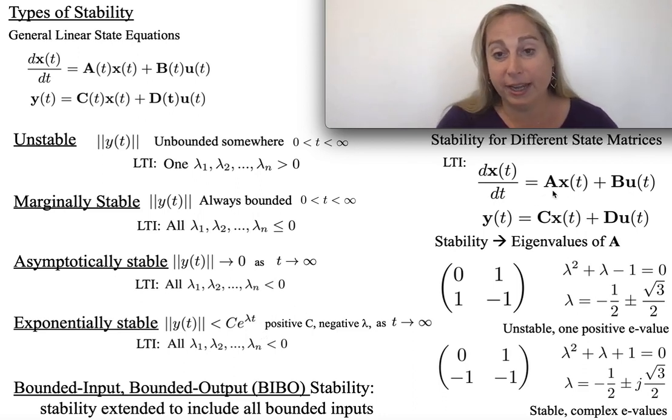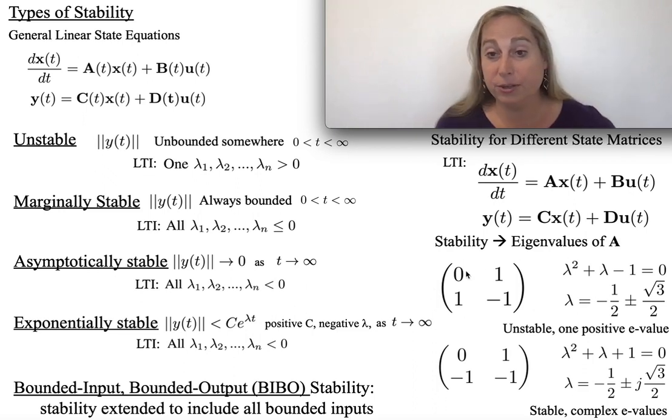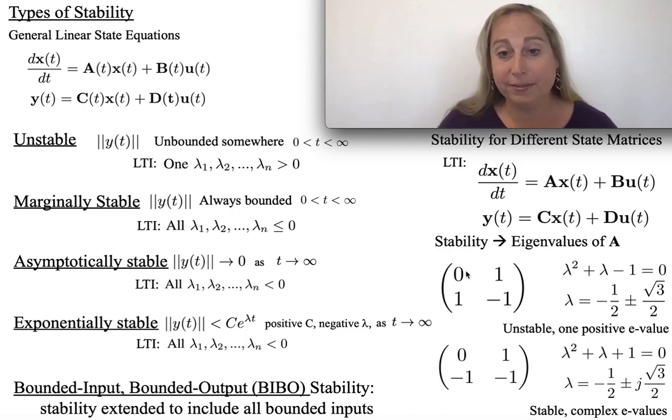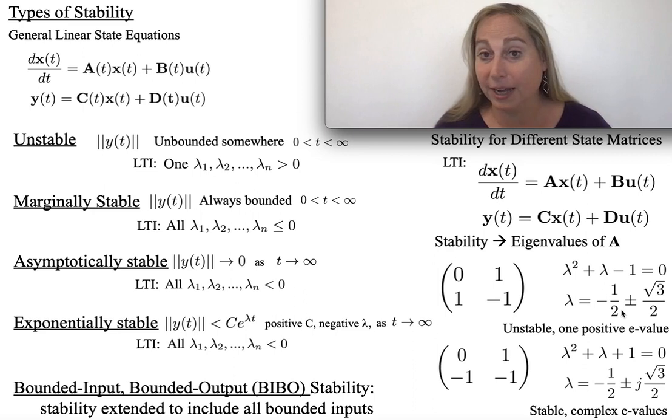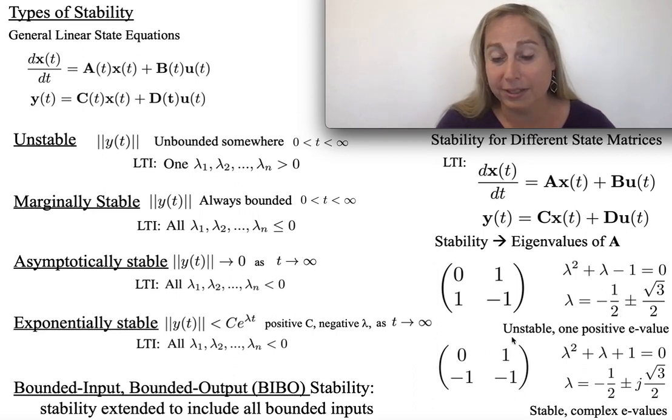So if I imagine I have an A matrix that looks like this, 2 by 2, I compute the eigenvalues, and what I find here is that, yes, my eigenvalues are negative, right? But they are complex. Well, they're negative, at least in the front, but over here I get plus and minus. The lower one, I always get it negative and it's complex because it becomes the j term.